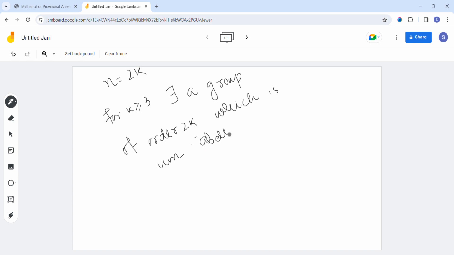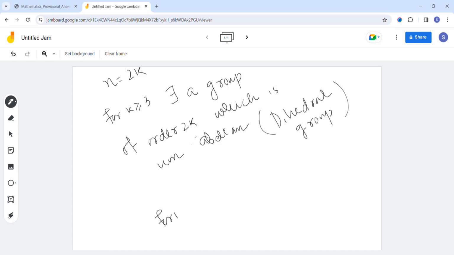That is basically the dihedral group. So for k greater or equal to 3, there exists a group of order 2k which is non-abelian, and that is basically the dihedral group.